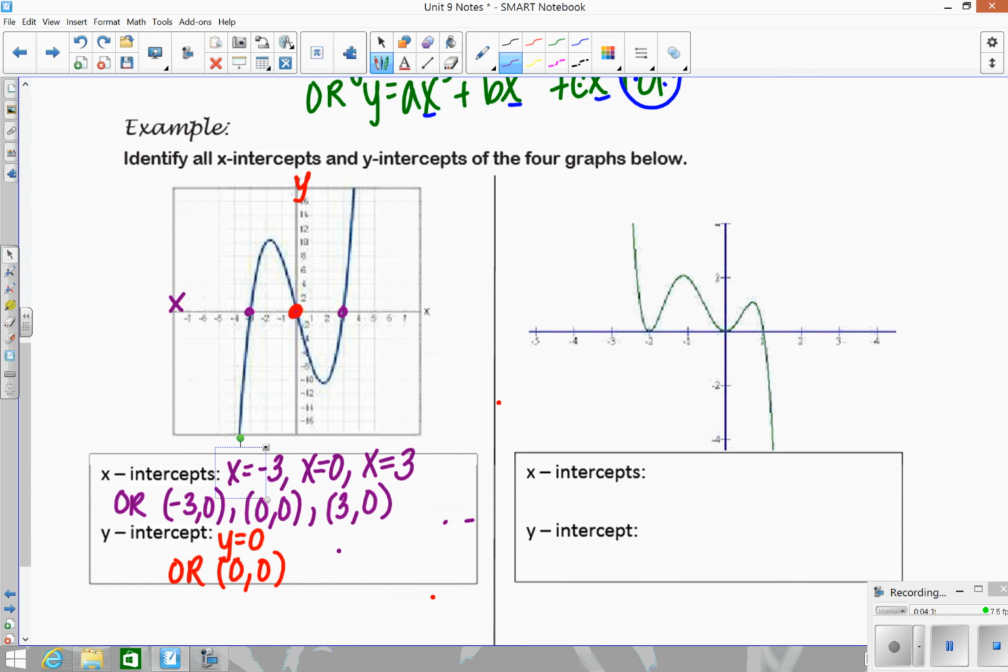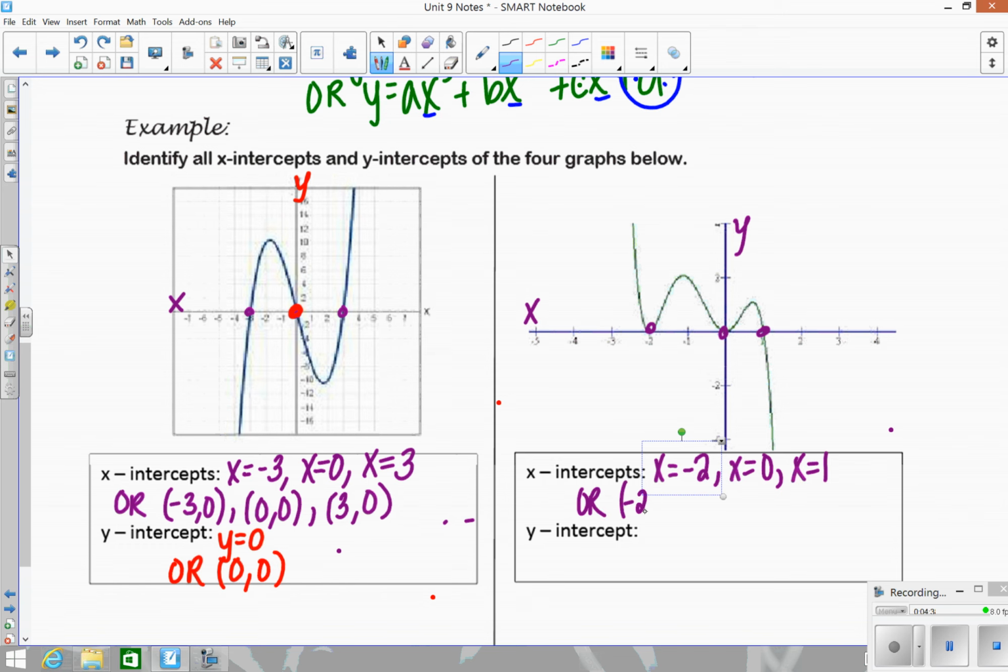Then let's go over to the next graph here. I have, again, 3 x-intercepts. It just so happens to work out that way. That's not always the case. When I look at the x-axis, my graph crosses 3 times at x equals -2, x equals 0, and at x equals 1. You can also list these as coordinates.